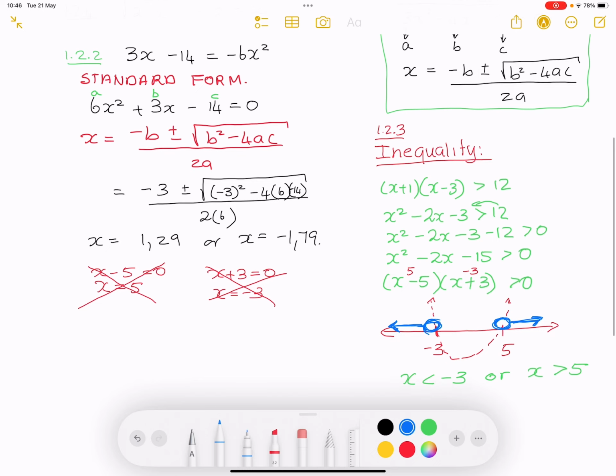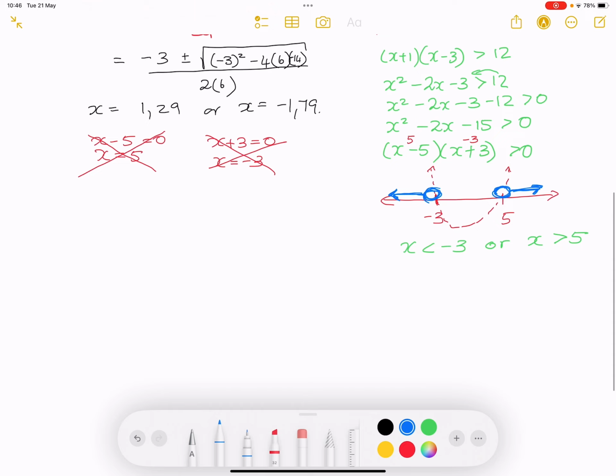The last one I want to do in this little video is a square root one. That is 1.2.4. They give to you that the square root of 2 minus x plus 2 is equal to x.